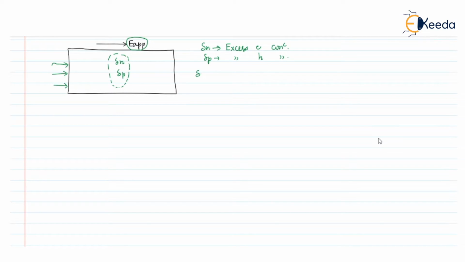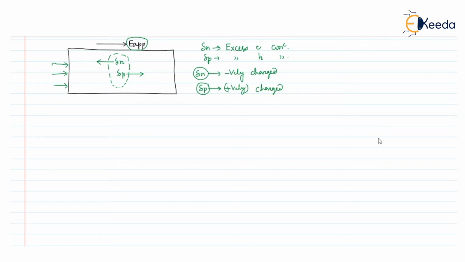Since del n, the excess electrons, are negatively charged, they will try to move in the opposite direction of the externally applied electric field, and since del p are positively charged particles, that is holes, del p will try to move in the direction of the externally applied electric field.